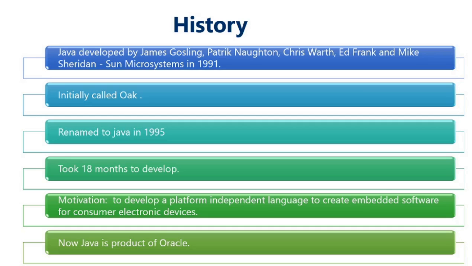Initially the name was Oak, and later on the name Java was given in 1995. It took 18 months to be developed, and as I said, the motivation behind the development of the Java programming language was to create embedded software for consumer electronic devices. Now Java is a product of Oracle. It is not with Sun Microsystems. It is the product of Oracle.